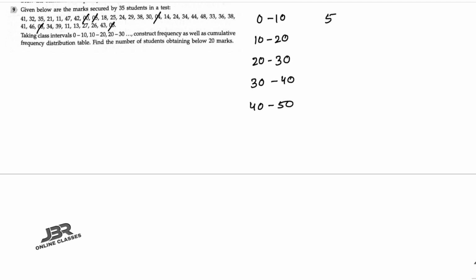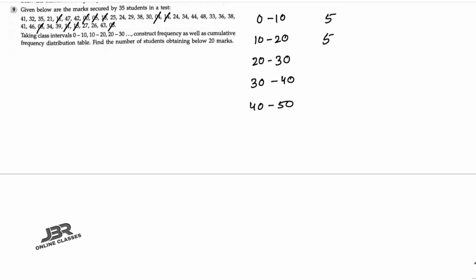After that here 10 to 20. So 11, 18, 14, next 11, 13. Okay, 10 to 20, so that means again 5, write down.